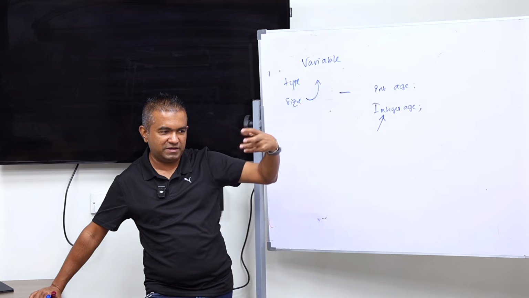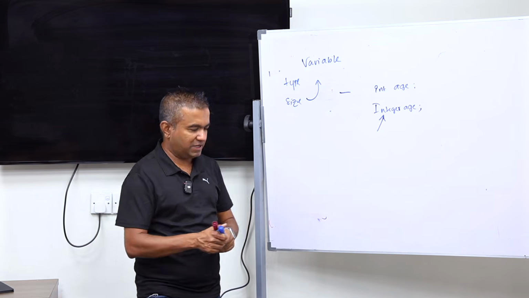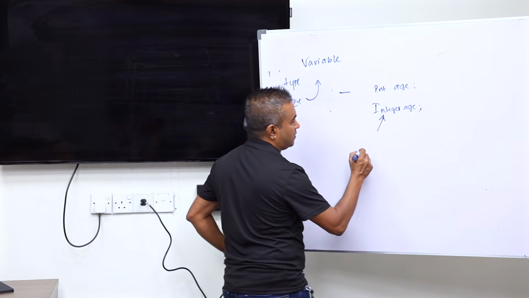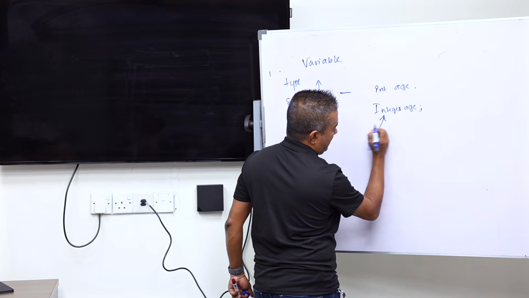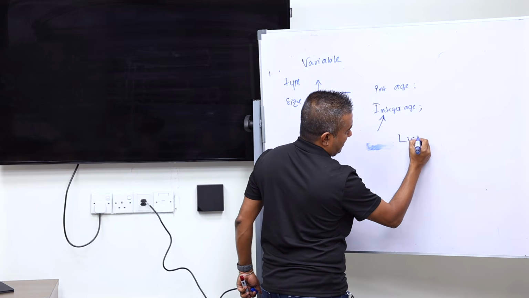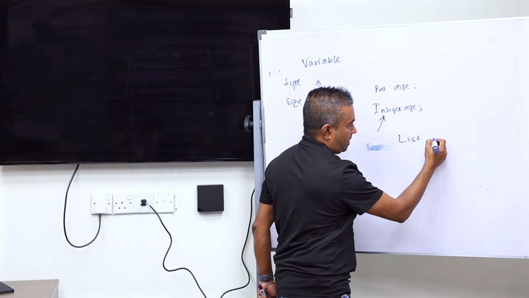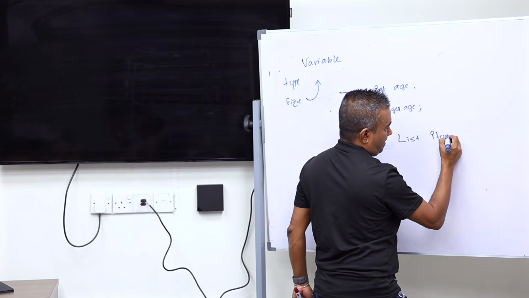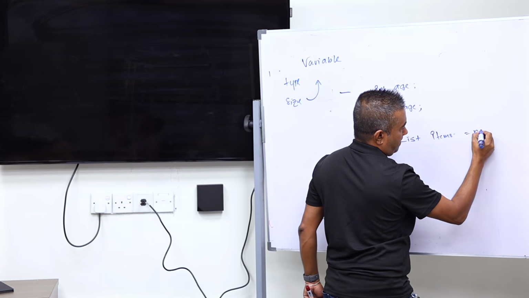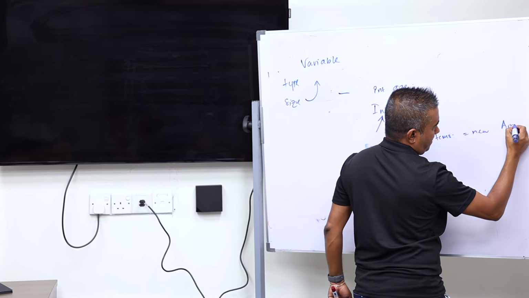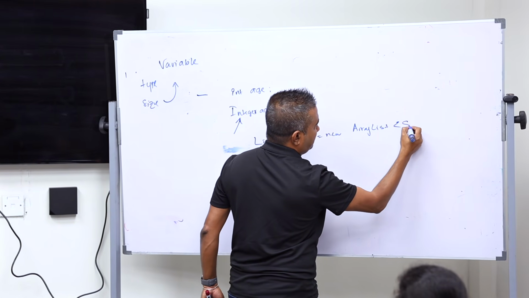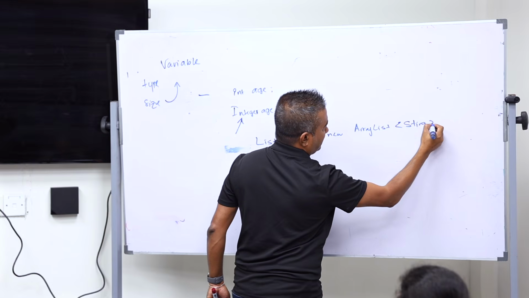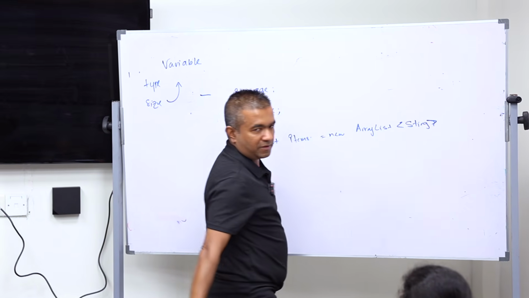Because when you define a list, you need to define what is the type here, right.